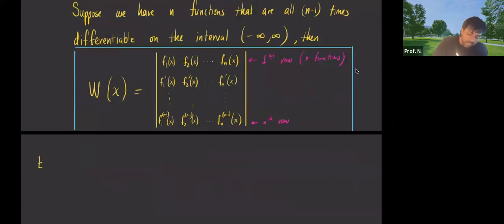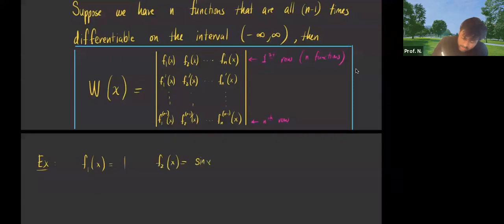So let's look at an example. Suppose I have the function 1, the function sine of x, and the third function sine 2x.